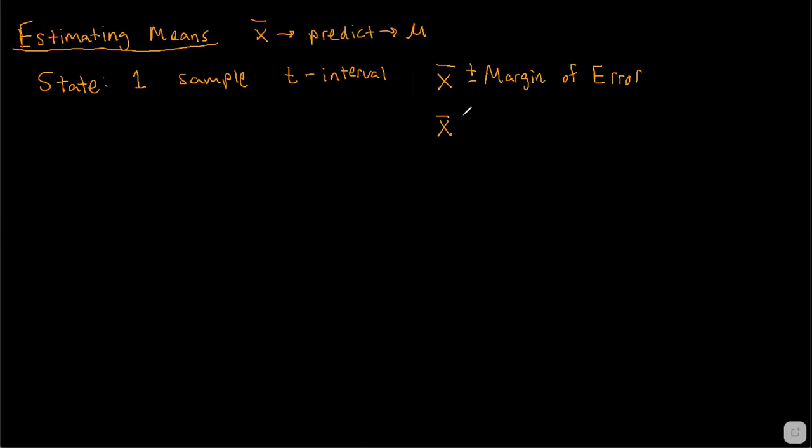So the margin of error is the critical value, which again is not Z anymore. With means, the critical value is actually T star. And then the standard error for the sampling distribution of X bar is the sample standard deviation divided by the square root of n, which hopefully looks pretty familiar.